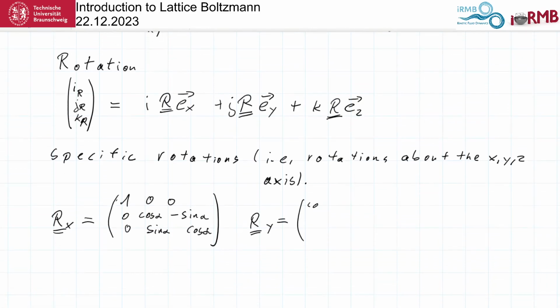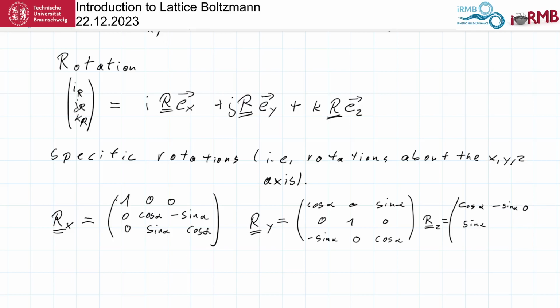So we would have cosine alpha, 0, sine alpha, 0, 1, 0, minus sine alpha, 0, cosine alpha, and also the rotation about the z-axis would look very similar. It's just cosine alpha, minus sine alpha, 0, sine alpha, cosine alpha, again 0, 0, 0, 1. So these are 3 rotations specifically around an axis.